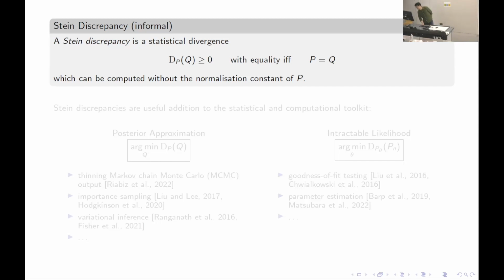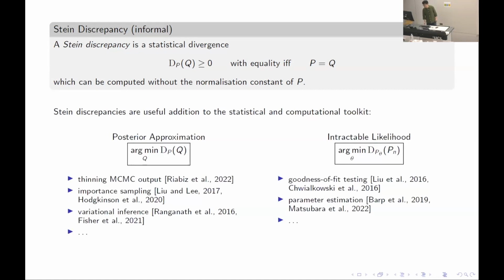Anyway, that's KSD: it just measures the difference, and if the two measures are the same, you get a zero Stein discrepancy. It's quite useful, and in the workshop people have covered both sides. You could use this for posterior approximation, like sampling, which is mainly what I have been working on in this field.